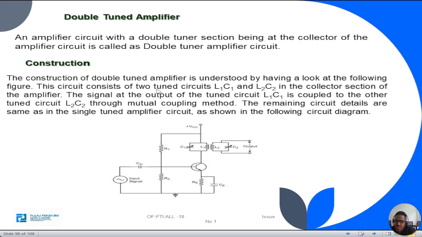This circuit consists of two tuned circuits, L1 C1 and L2 C2. In the collector section of the amplifier, the signal at the output of tuned circuit L1 C1 is coupled to the other tuned circuit L2 C2 through mutual coupling. The remaining circuit is the same as the single tuned amplifier circuit. The only difference is in the collector load, which you replace with the double tuned circuits.